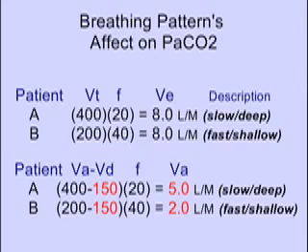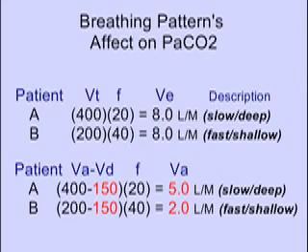250 times 20, which is equal to 5 liters a minute ventilation, or alveolar ventilation. In patient B, the 200 cc tidal volume, if you subtract the 150 cc's from that, you only get a tidal volume then, alveolar volume, of 50 cc's. Multiply that times 40 and you only get an alveolar ventilation then of 2 liters a minute.